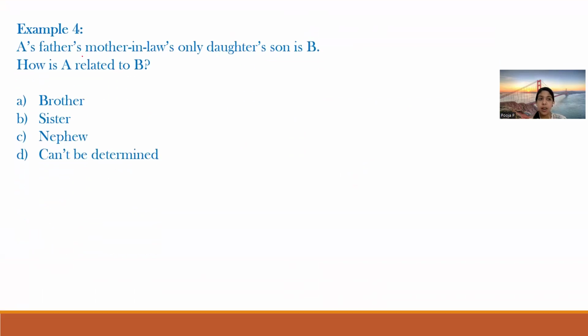A's father's mother-in-law's only daughter's son is B. So how is A related to B? Okay, so you have A. A has a father and father's mother-in-law. So technically, if a father will have a wife, that is none other than mother.